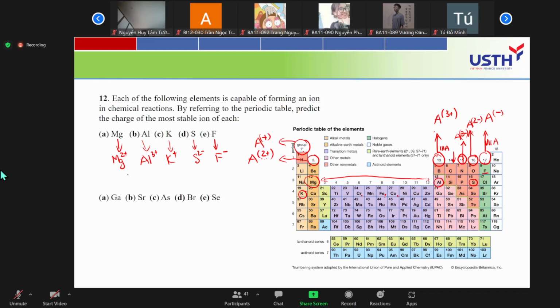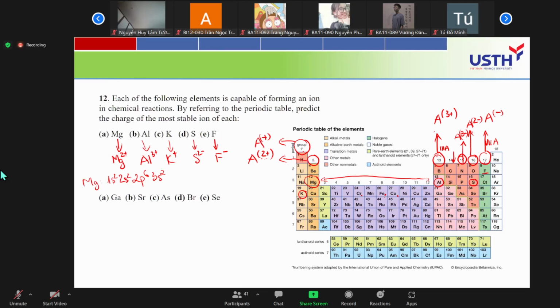So it has 2 electrons in the outer shell, so it will lose 2 electrons, so it becomes magnesium 2+. Okay, thank you very much.